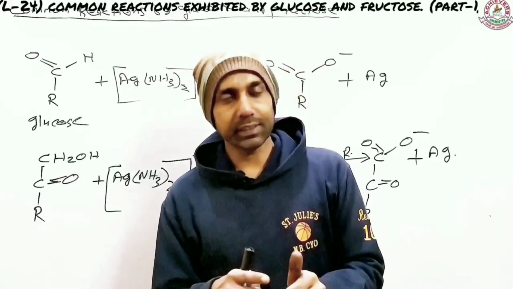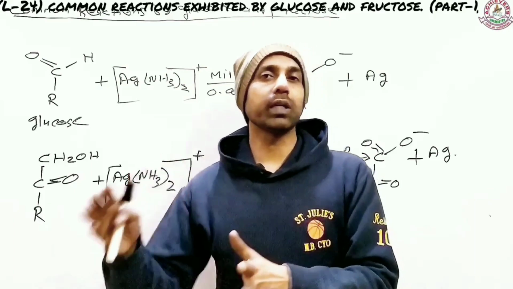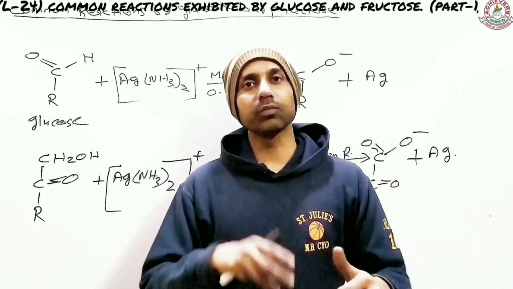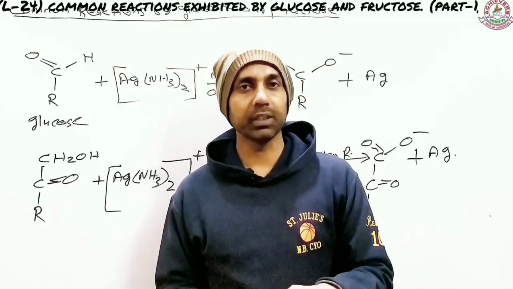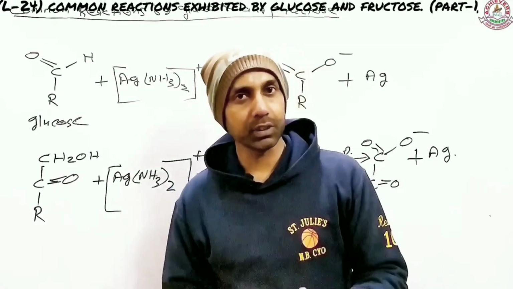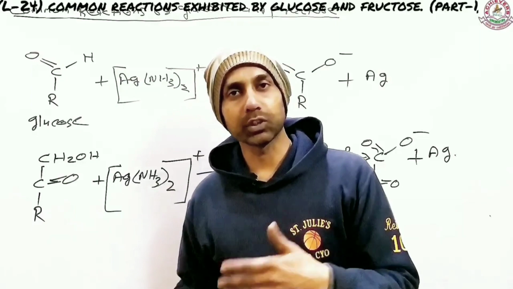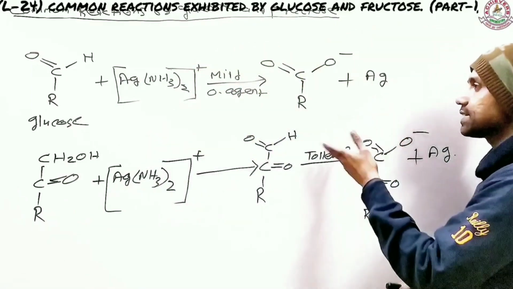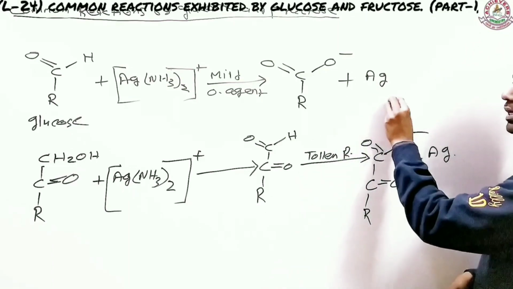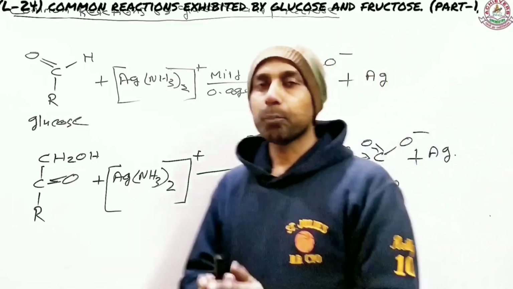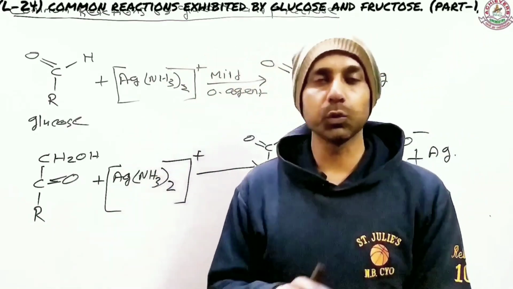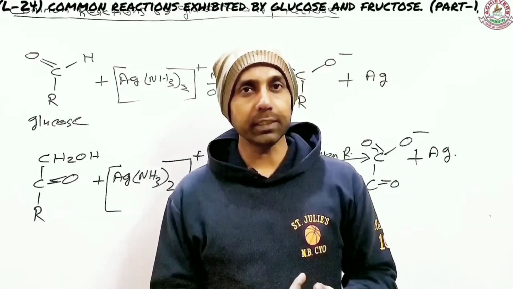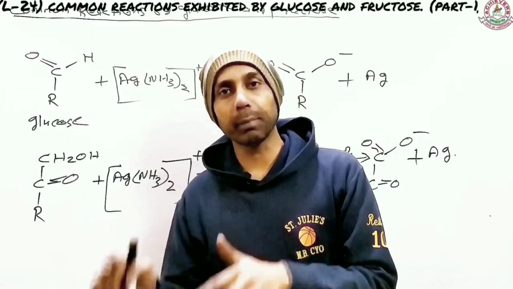The difference is that glucose directly converts into a carboxylate, but fructose first converts into an aldehyde at the first carbon, and then the aldehyde further reacts with the Tollens reagent and converts into a carboxylate. Silver undergoes reduction in both cases, looking like a silver mirror. So this is a very important chemical reaction that both glucose and fructose exhibit in a similar manner.